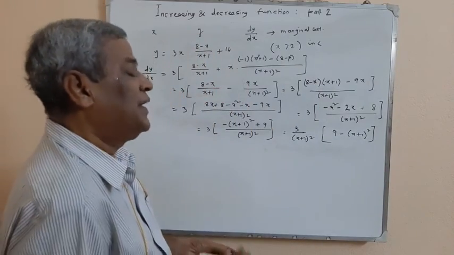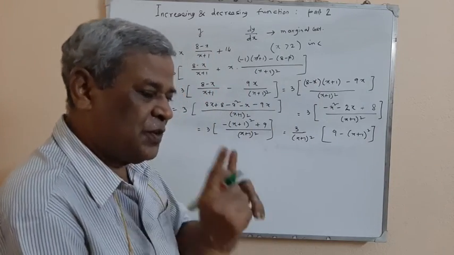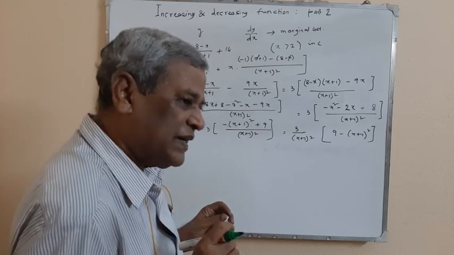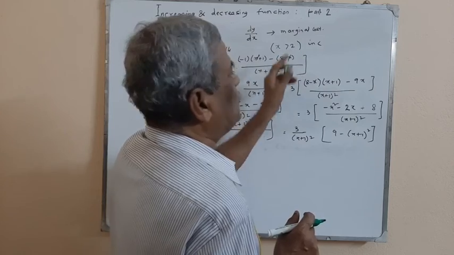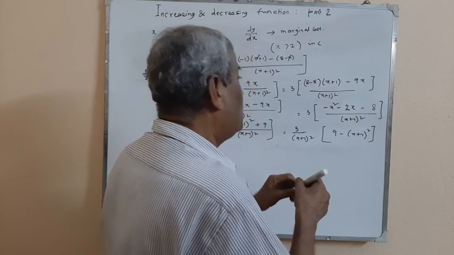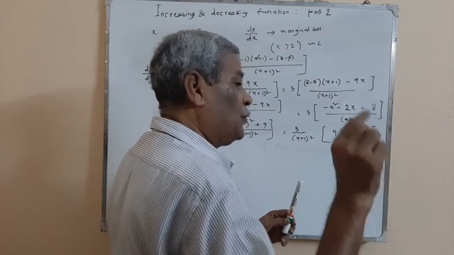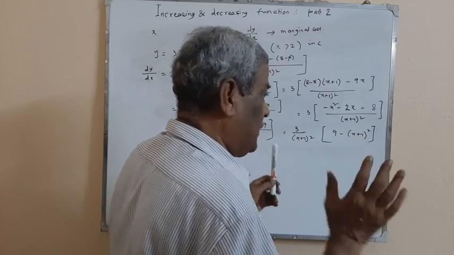Now x is the number of units produced, so it must be an integer. Given that x is greater than 2, x is either 3 or 4 or 5; it starts from 3.